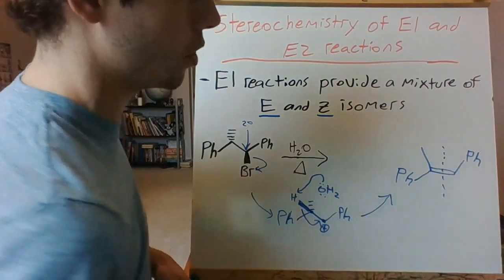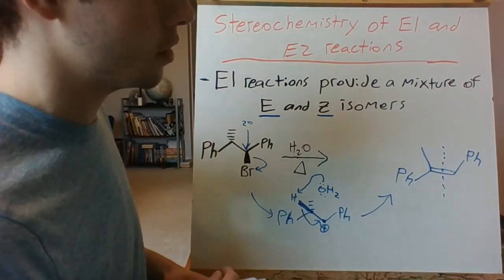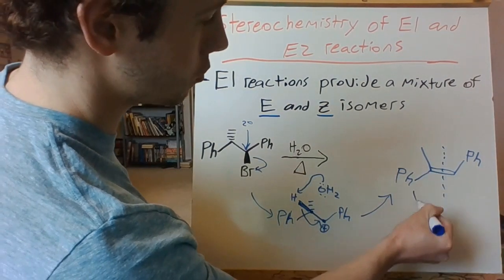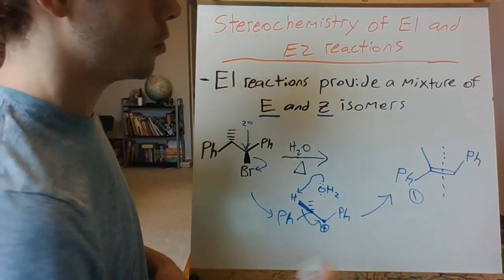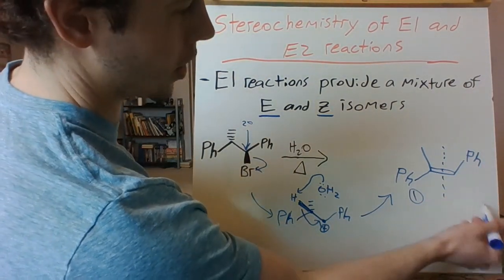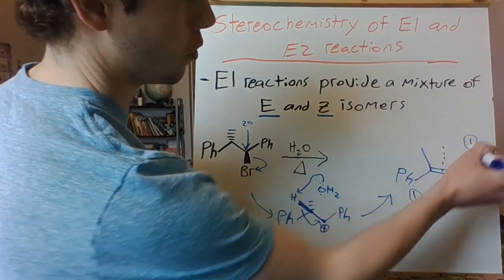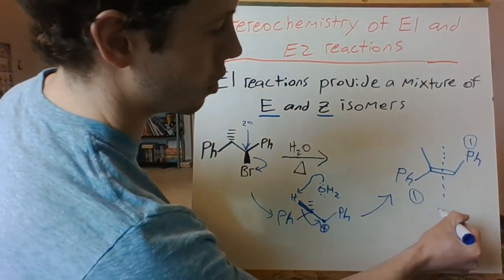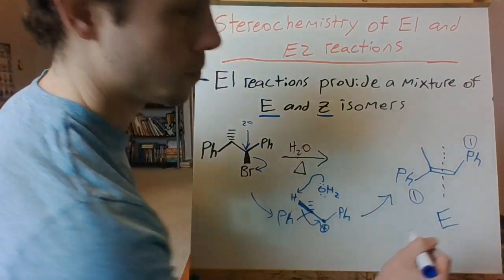So we cut it down the middle. Looking over here on the left-hand side, does the methyl group or the phenyl group win? The phenyl group wins, so it gets priority 1. And then if we look over here on the right-hand side of the alkene, we see that phenyl is going to beat out the hydrogen here, so that would be priority 1. These two priorities are on opposite sides, and so we call this E.